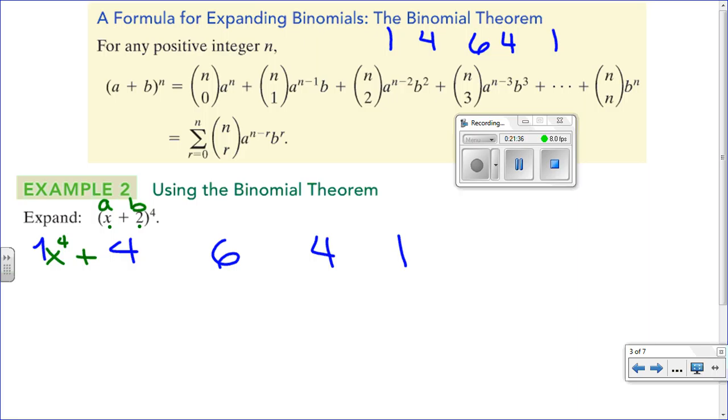Bless you. Thank you. X to the power 3. And then we'll have 2 to what power, guys? 1. So remember, 2, although it doesn't have a variable, is still a term.